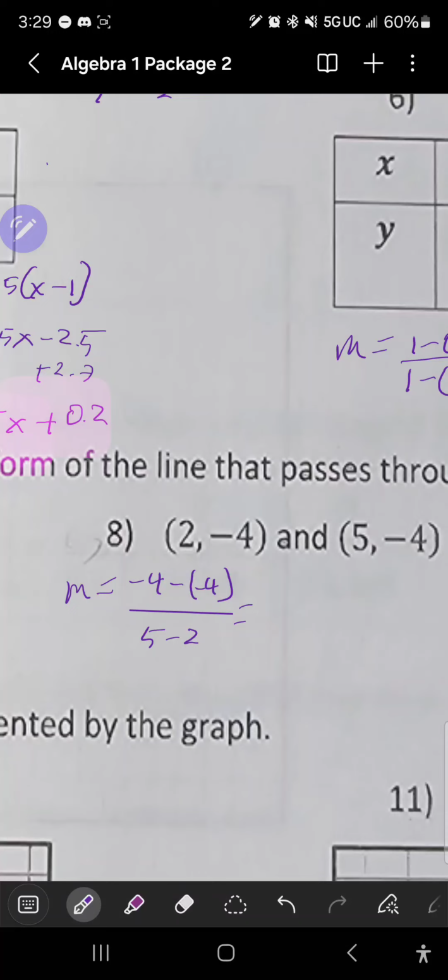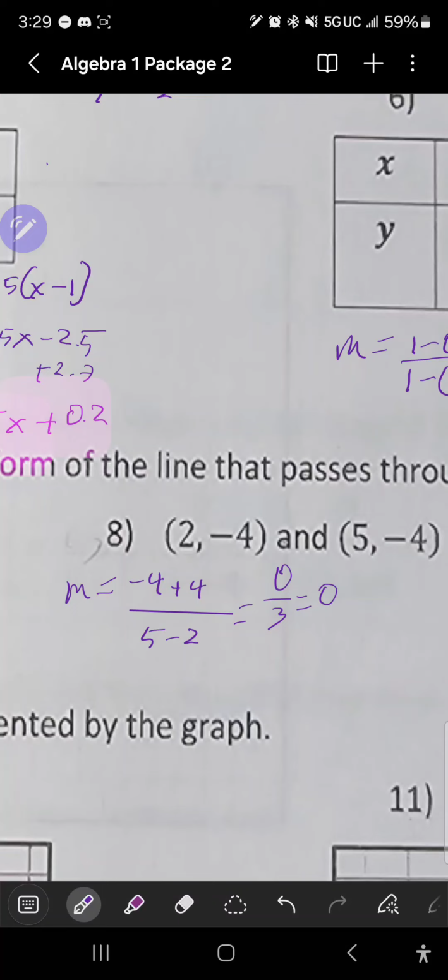Minus and minus is positive, so this is going to be negative 4 plus 4. They have different signs, so we subtract them. We're going to get 0, like 4 minus 4 is 0. 5 minus 2 is 3, but 0 divided by any number is just 0. So our slope is 0.